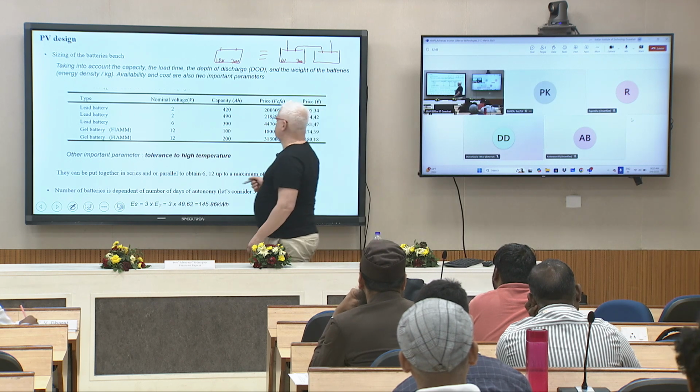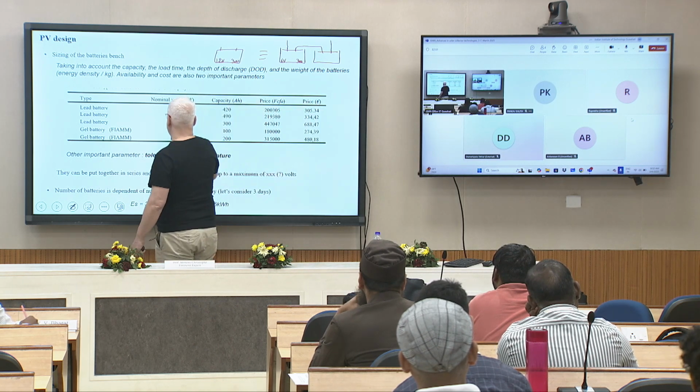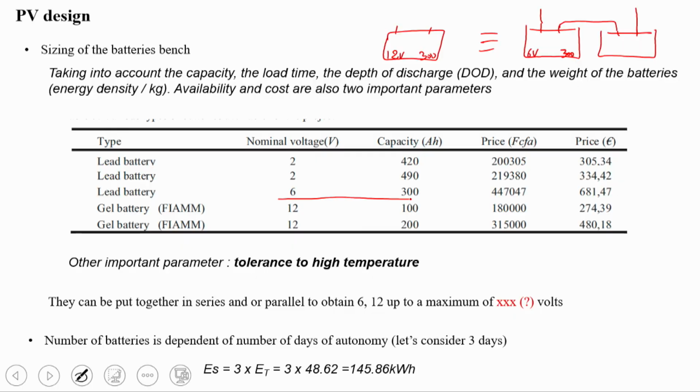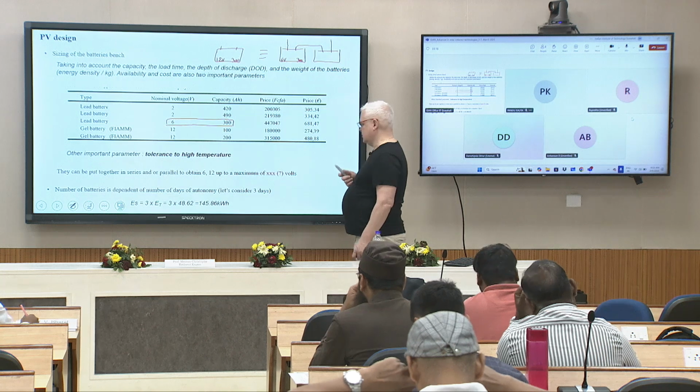So we will choose this one, because the others have too small a voltage. We would have to put a lot of them, and the others could be less common and not so mature. You can choose another one if you want, but we will select that.